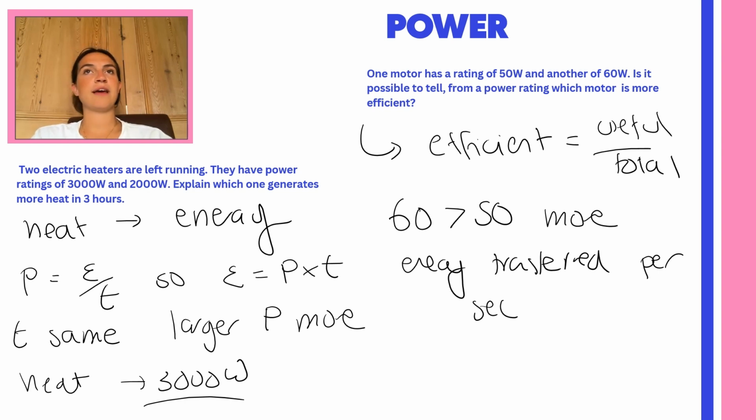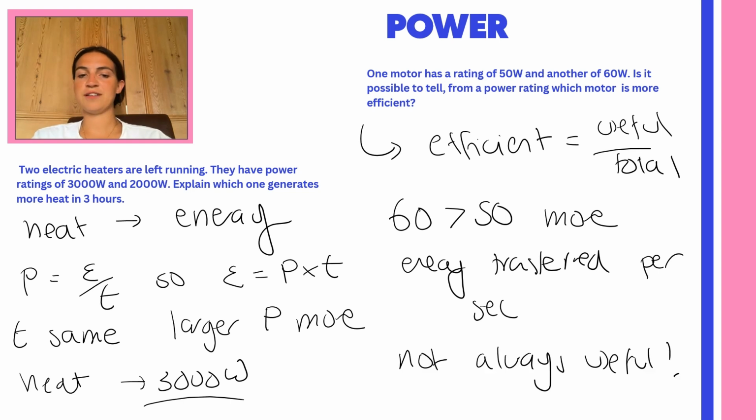So you might think, well, that one must be more efficient, but it's not just about the amount of energy it transfers per second, it's about how much useful energy it transfers per second. So it depends what percentage of that 60 watts is useful versus wasted energy, and the same for the 50 watts as well. So it's not possible to tell directly from a power rating which device is more efficient.